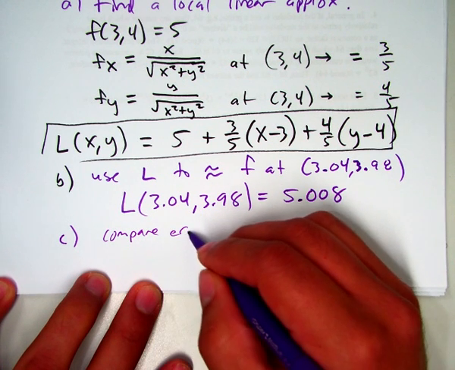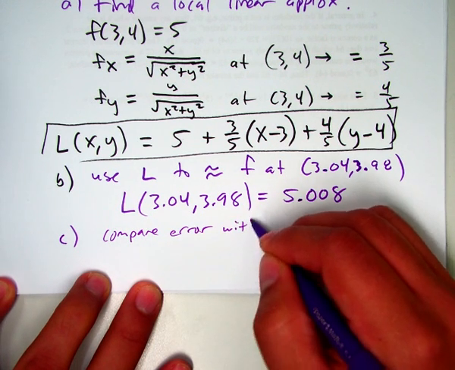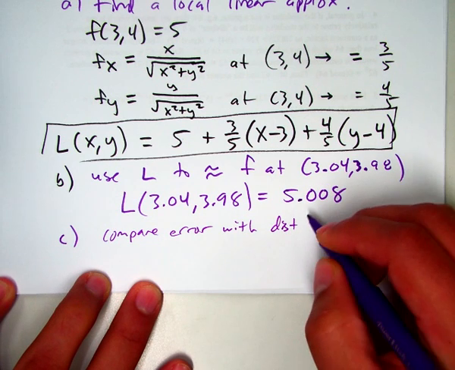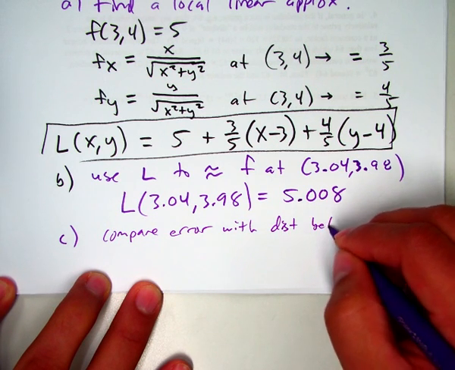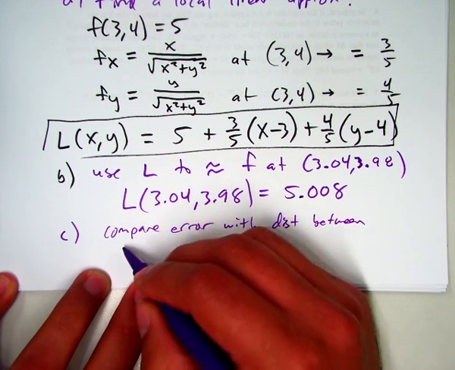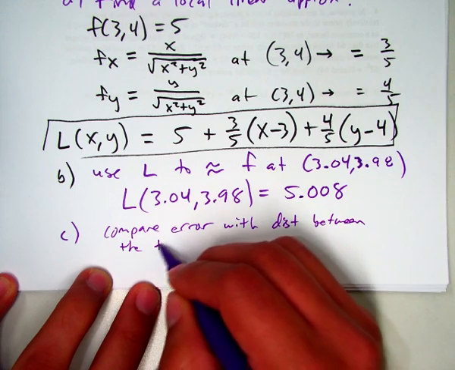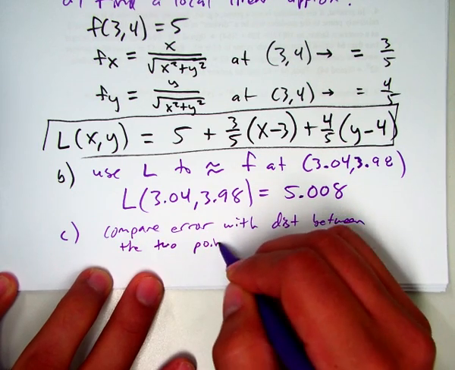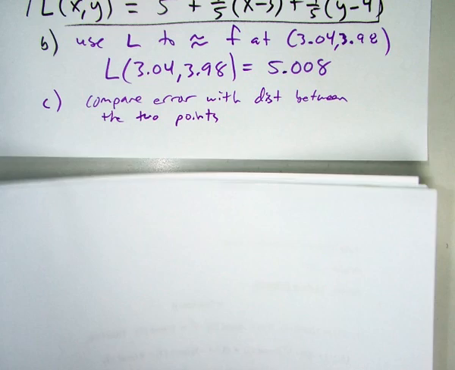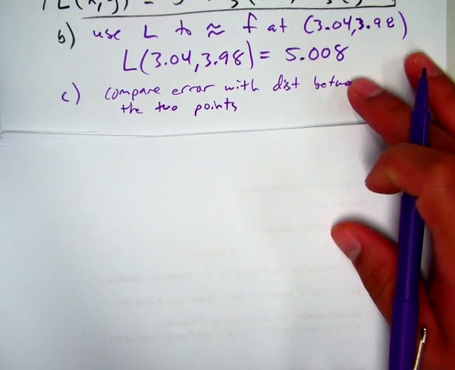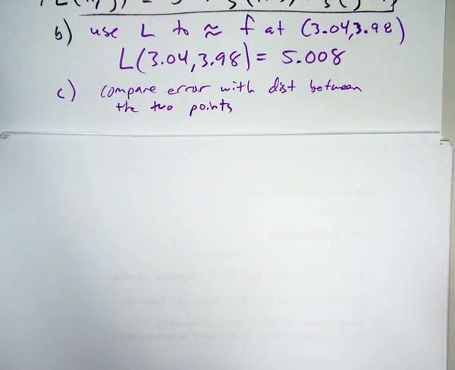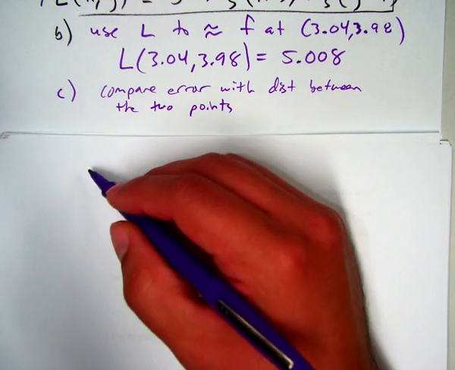Now, compare the error with the distance between the two points. So that's kind of like what we did earlier, but we can just get to that decimal. So find that proportion, or that ratio. So, how do we find the error?